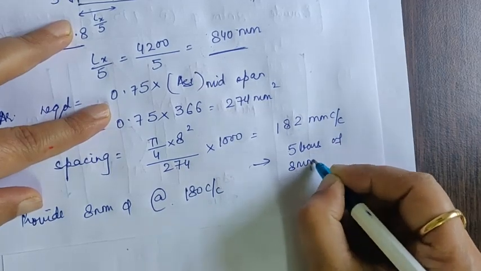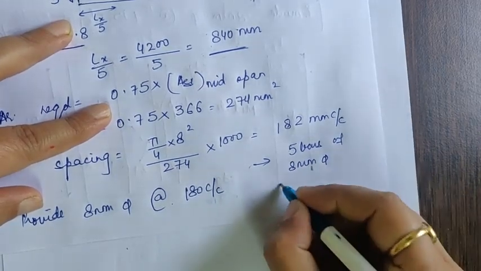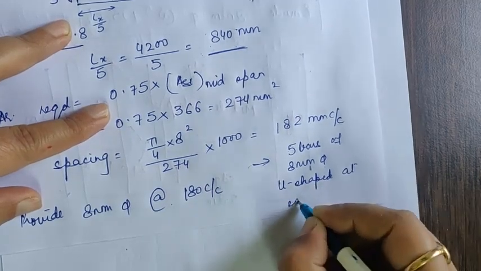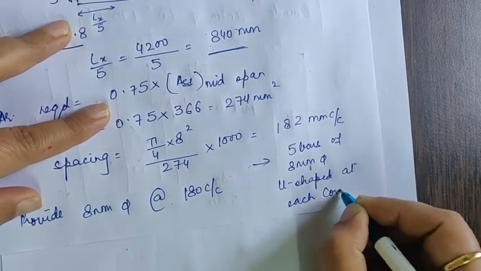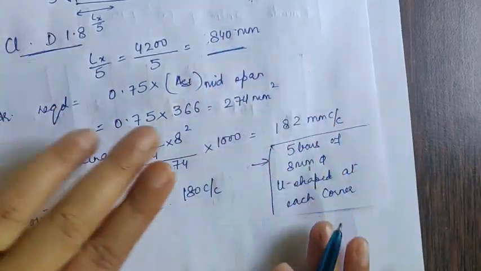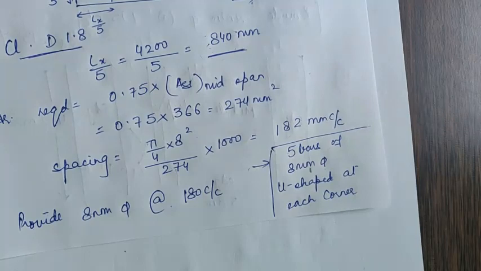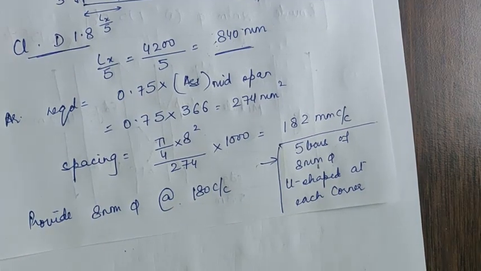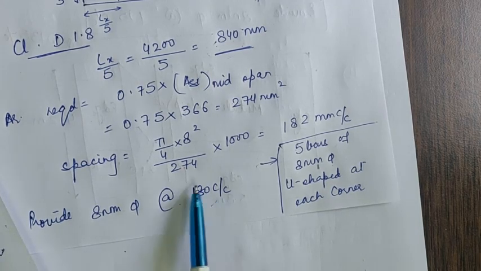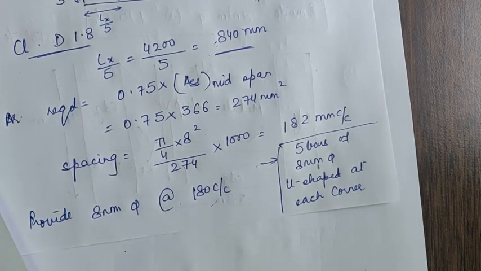of 8 mm dia, U-shaped at each corner. So length covered will be not 840, it will be 900 millimeters. Okay. Otherwise, we could have reduced this particular distance of not 180, we could have used 175.